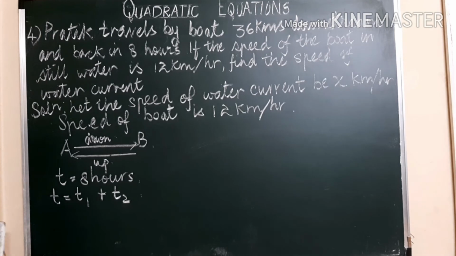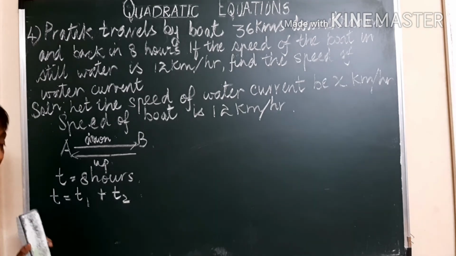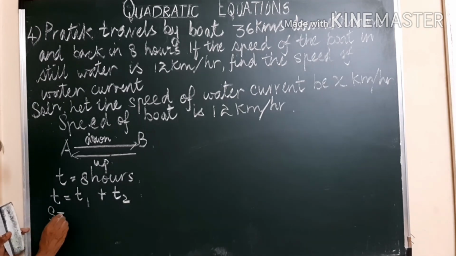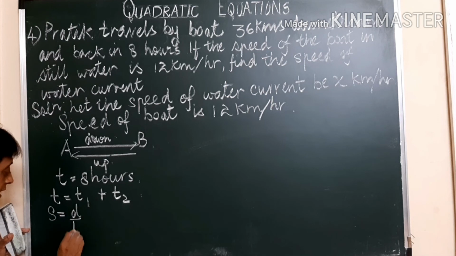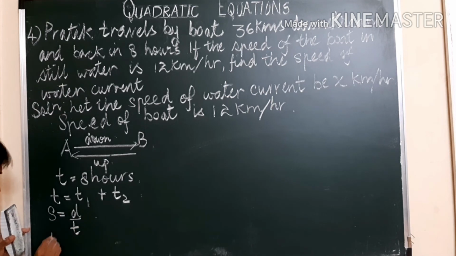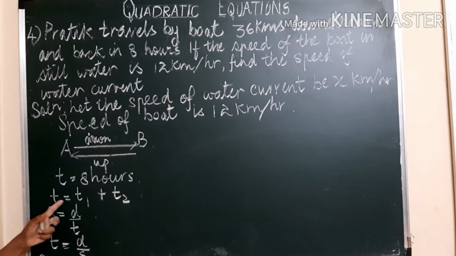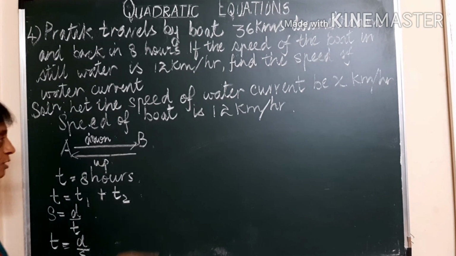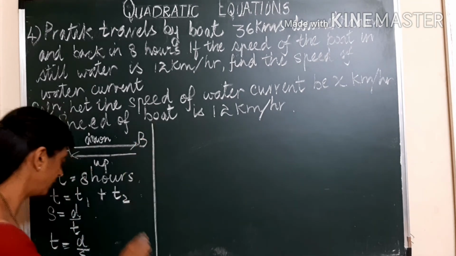Now, in physics, children, we have studied that speed is equal to distance upon time. So what will time be? Time will be distance upon speed. So children, in place of T1 you will have D1 upon S1, in place of T2 you will have D2 upon S2. So let's solve it further.